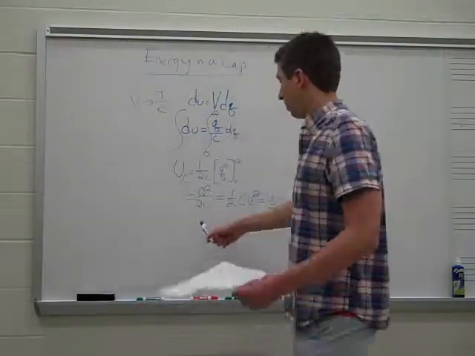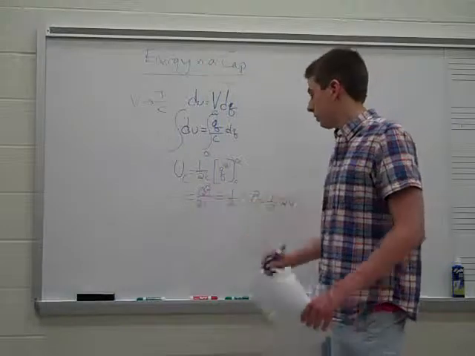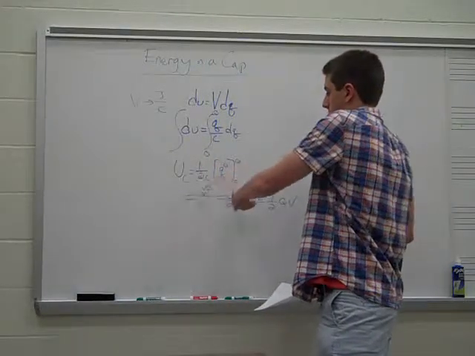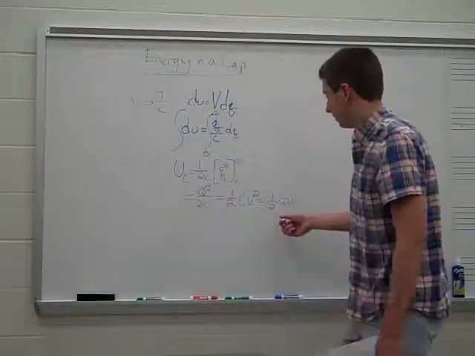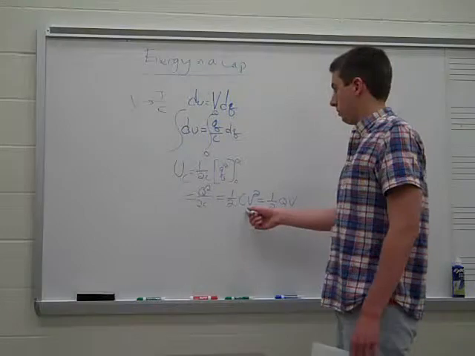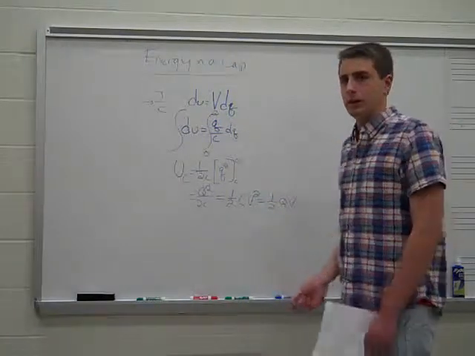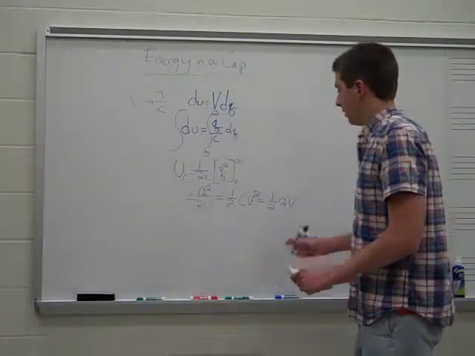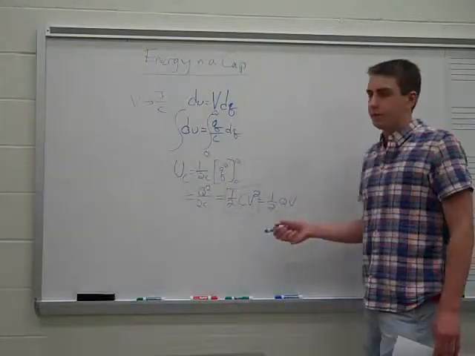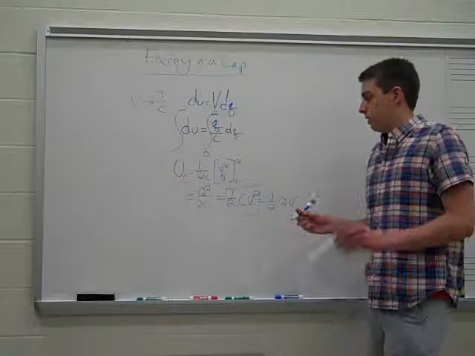If you plugged in for Q here, you'd get 1/2 C times V squared. And then if we plugged in for C here, C equals Q over V, and then you get that. I don't have to write that out for you, right? This is the most common form you'll find this in. That's the one they give you on the AP equation sheet.